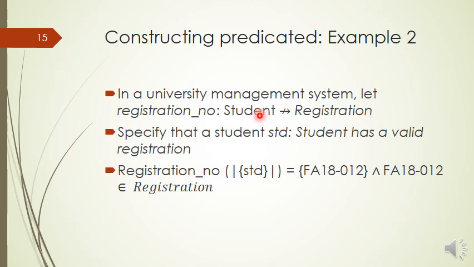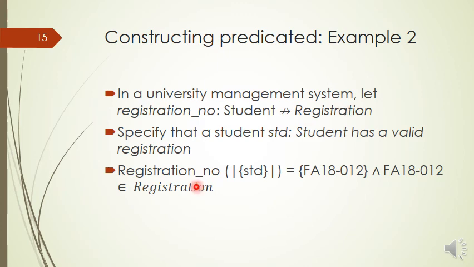Now, in a university management system, we want to specify that a student STD has a valid registration. So, how can we specify that any student STD contains a valid registration number? If a registration number belongs to this registration basic type, then that would be a valid registration for that student.